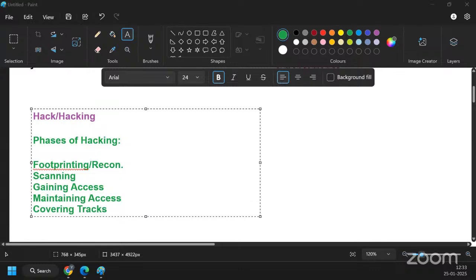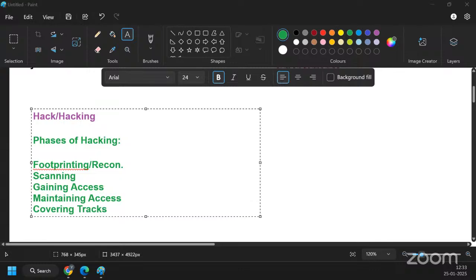On the basis of these ports, the attacker will try to find some medium through which he will be able to compromise our system. Let's say I want to perform an attack on Mr. Jaspreet's system.